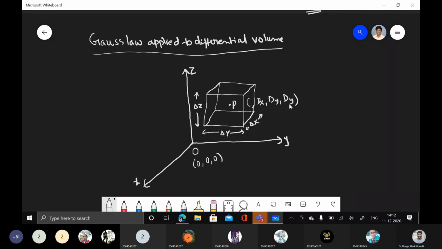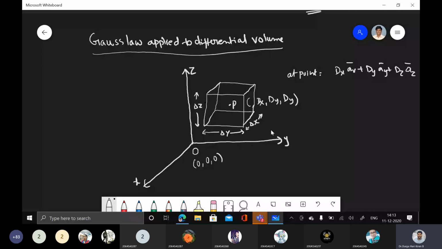If I write the position vector for the point P, at point P the position vector is dx ax bar plus dy ay bar plus dz az bar. At the origin you already know.